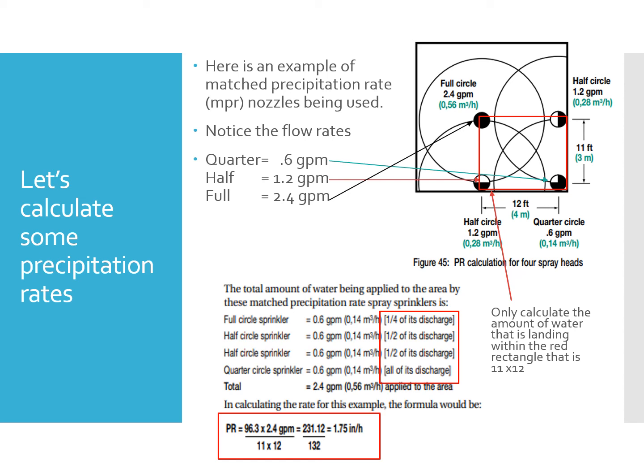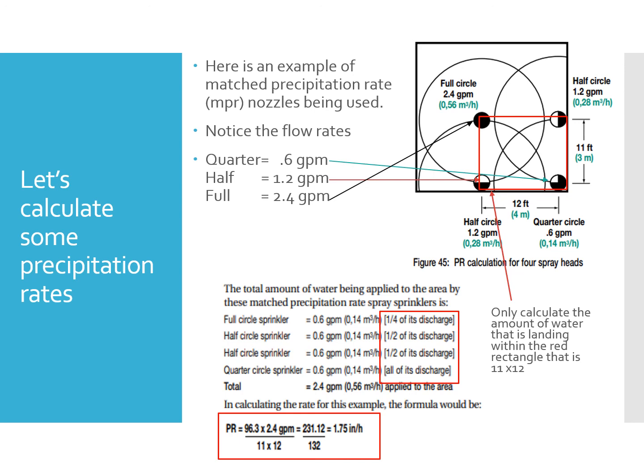So I took this chart from the catalog, and it shows here the full circle sprinkler is 0.6 gallons a minute, which is a quarter of its discharge landing in this space. You can see this full circle is 2.4 gallons a minute, but only a percentage of that flow is landing in this particular area.